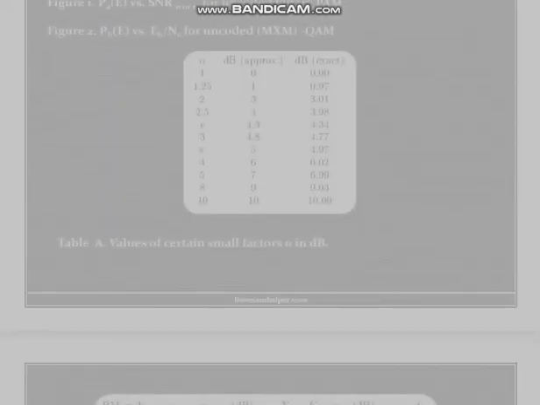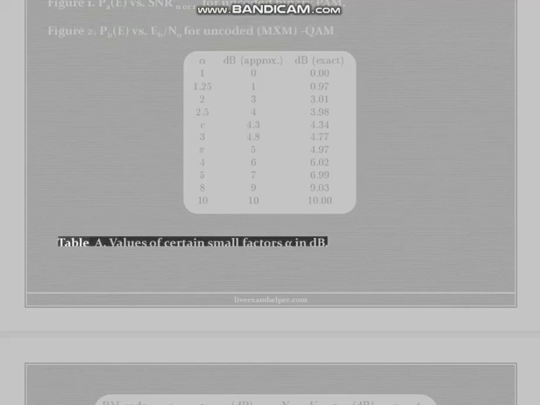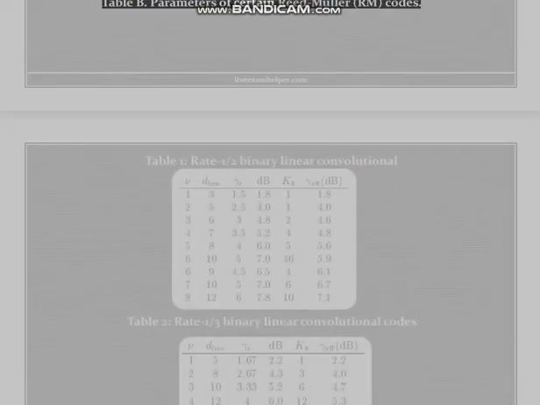Figure 1. P_b(E) versus SNR, N or M for uncoded binary PAM. Figure 2. P_b(E) versus Eb/N0 for uncoded M x M QAM. Table A, values of certain small factors alpha in dB. Table B, parameters of certain Reed-Muller (RM) codes.